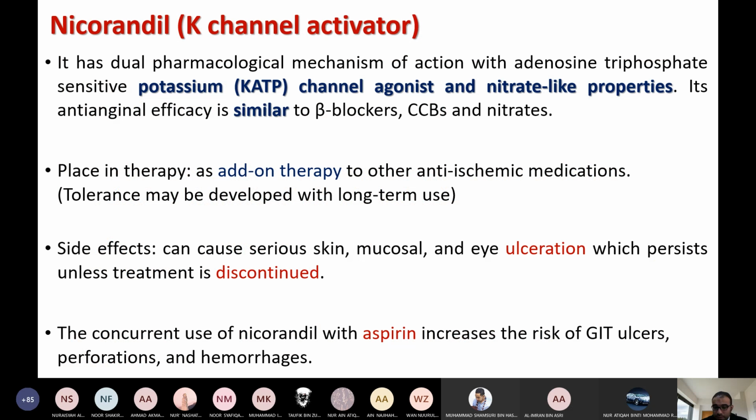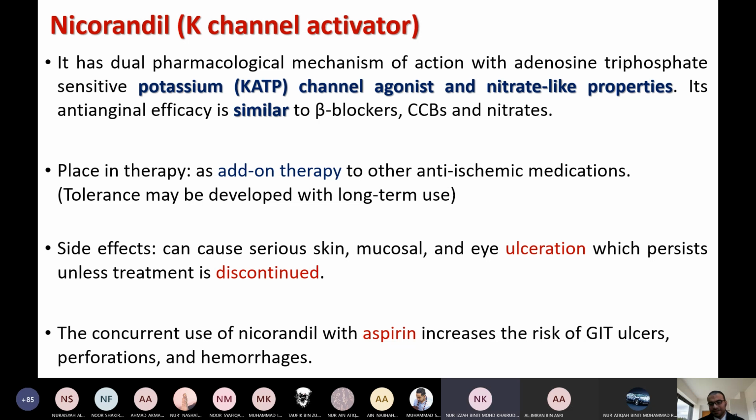So how many anti-ischemic medications have we taken so far, brothers and sisters? Anti-ischemic, the ones we discussed today. Okay, seven. The traditional ones are three.